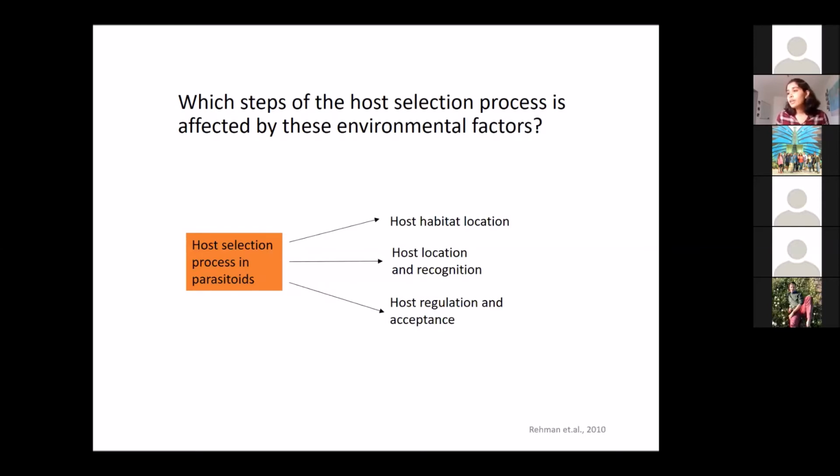So she first has to find the host habitat. Once she locates the host habitat, she has to locate and recognize the host that is suitable for her offspring. And then she has to regulate the host. In some cases, they paralyze the host to arrest its development, and then she should accept the host.